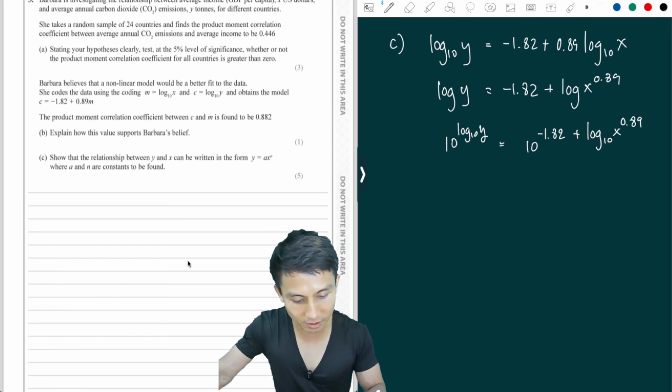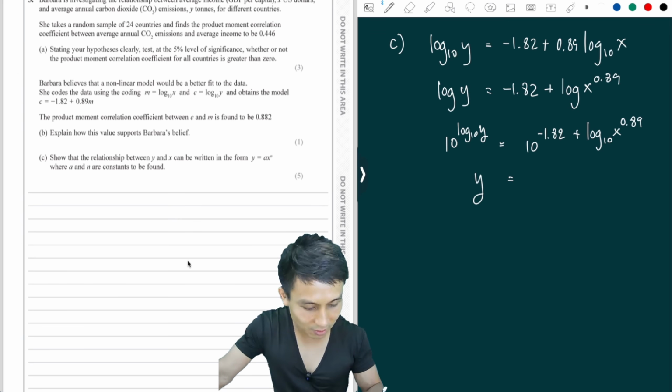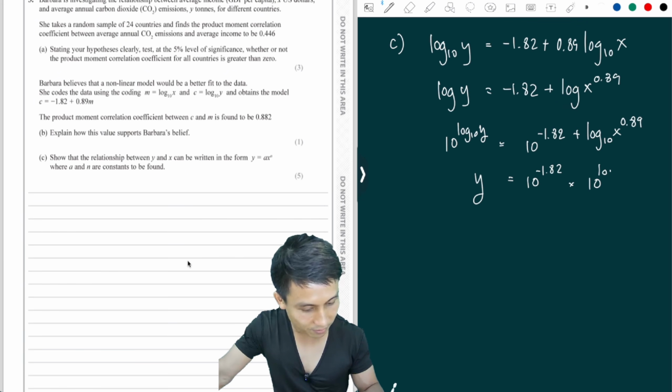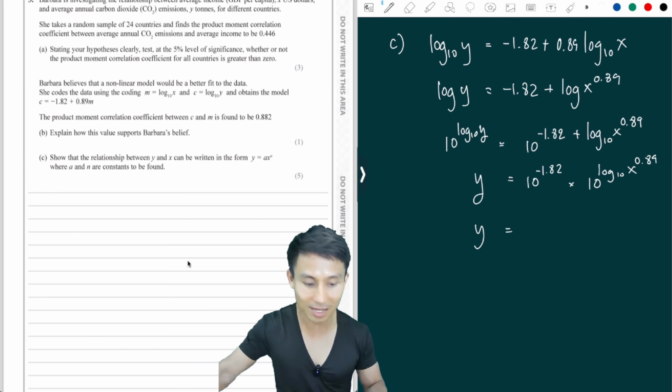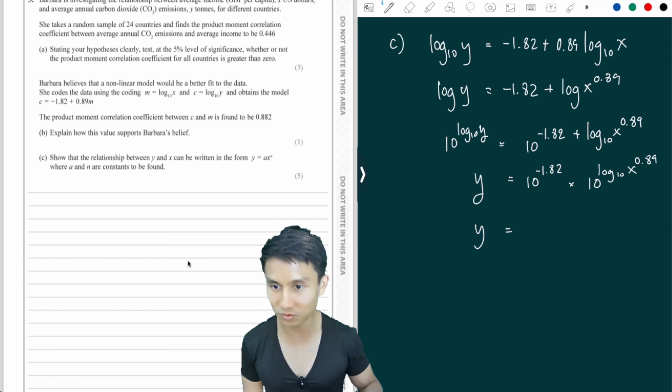Of course, using the log property, that will become y. And here we can split into these two terms. Yeah, so we have 10 to the minus 1.82, right?